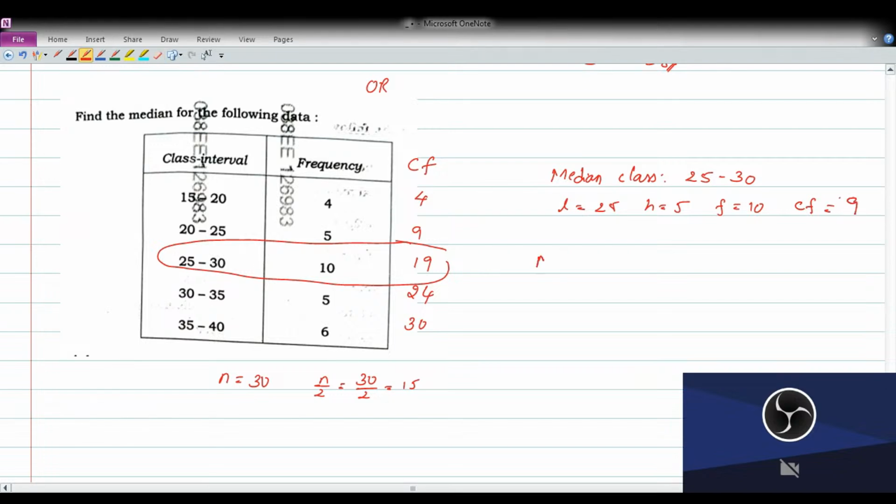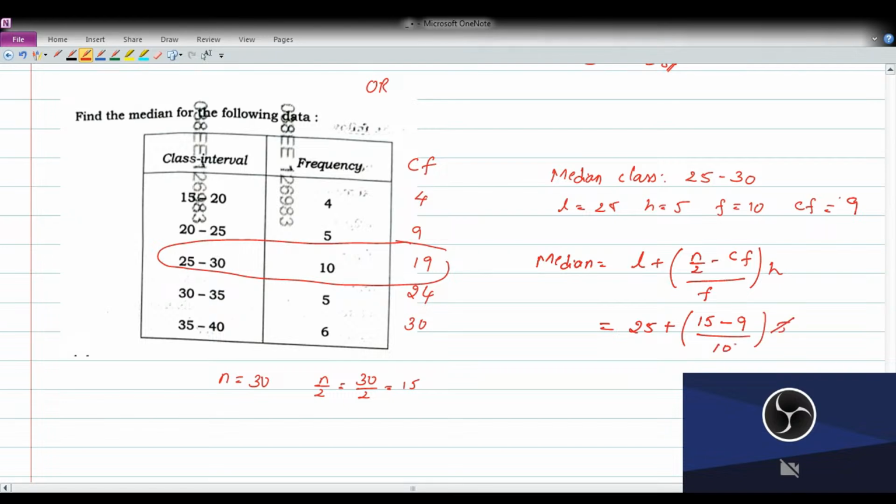Now I am going to find the median. The formula to find the median is L plus n by 2 minus CF divided by f, into h. So L is 25 plus n by 2, which is 15, minus CF which is 9, f is 10 and h is 5.